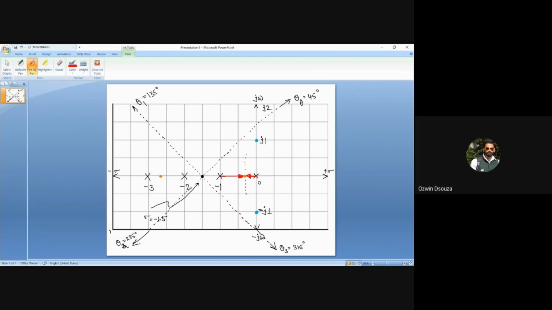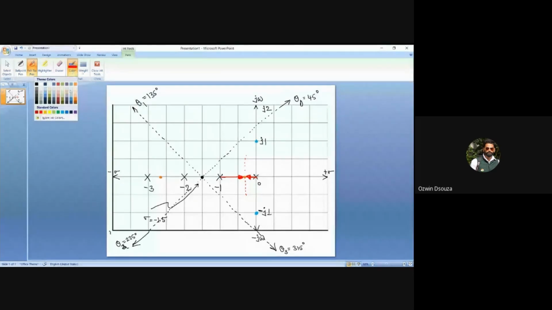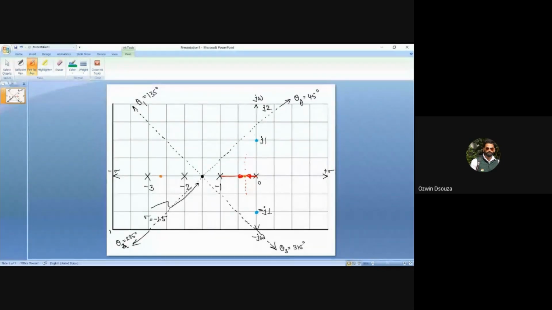Okay, so let me draw. I'll use a different color so that the visibility becomes better. Where's the point? Right. So a smooth curve. Something like this.